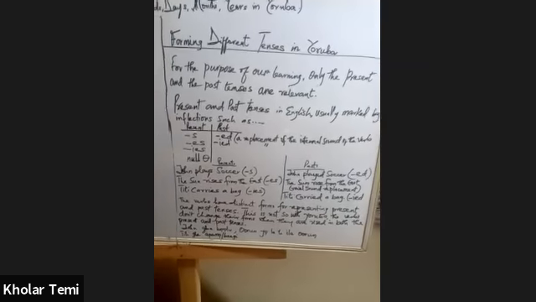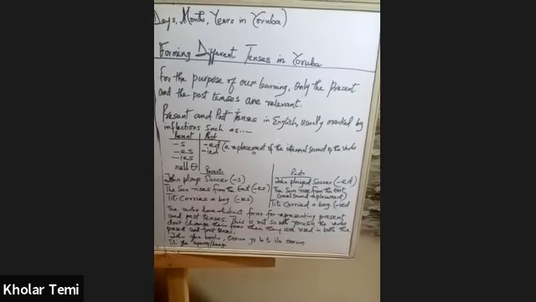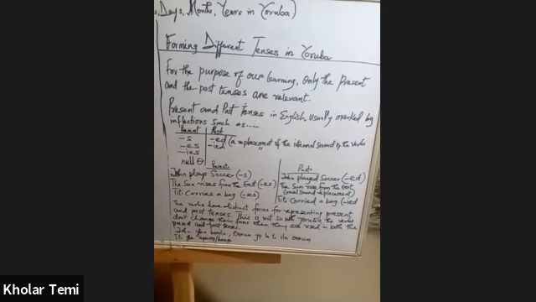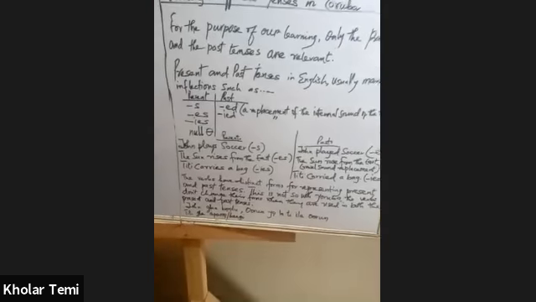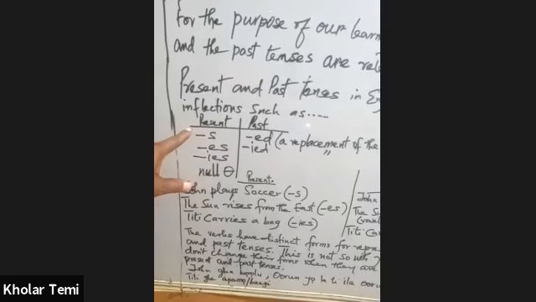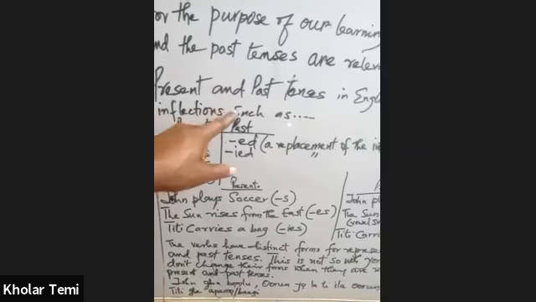So then we come to forming different tenses in Yoruba. For the purpose of our learning, only the present and the past tenses are relevant. You see, like what I said, in English, present, past.